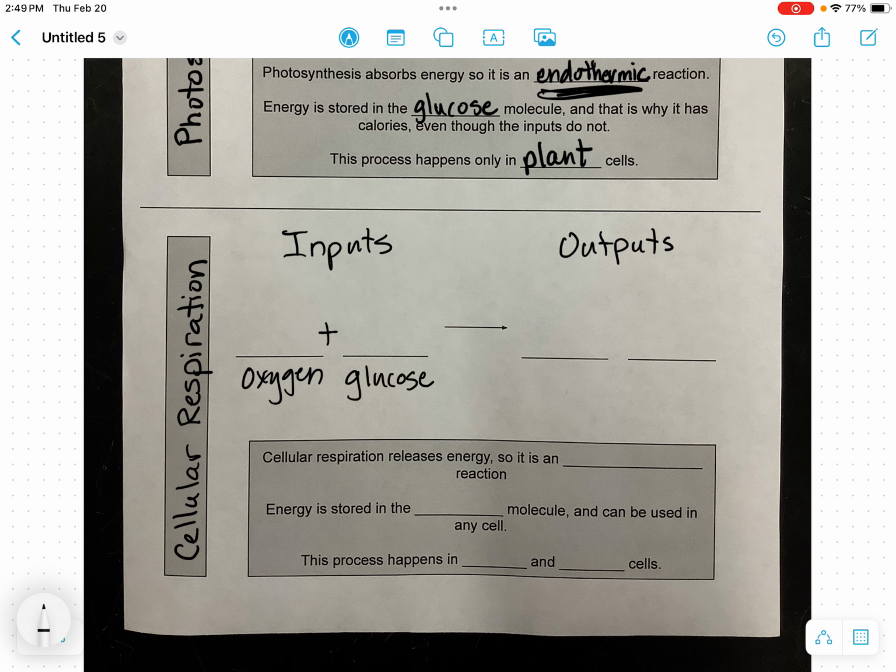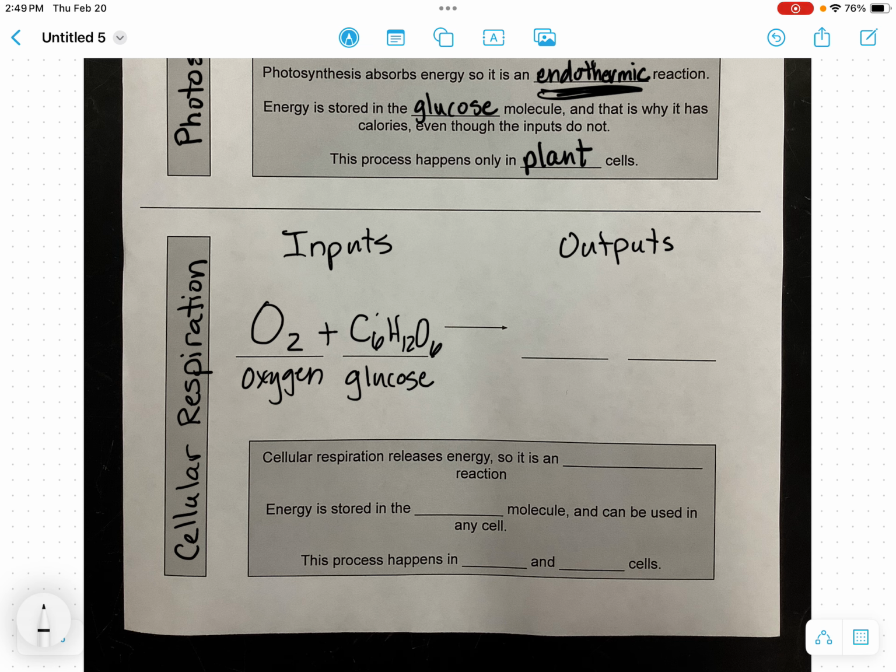Remember, glucose is the only type of output from photosynthesis that has any calories. Well, those calories are useful for things like animals. So oxygen, that's O2 for our molecular formula. Glucose, our molecular formula there is C6H12O6. All right, so we've got our inputs down.